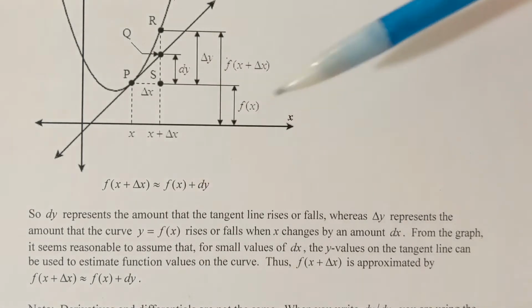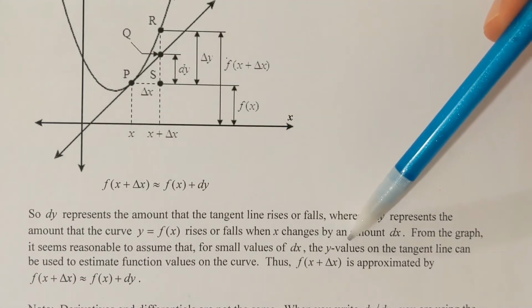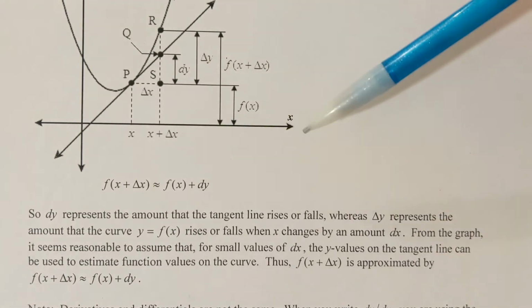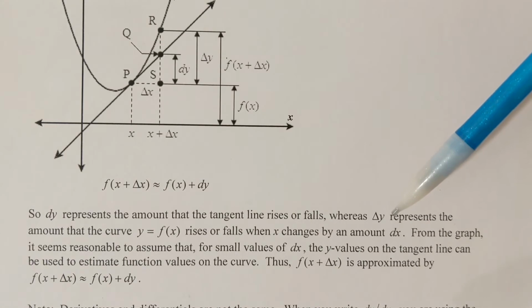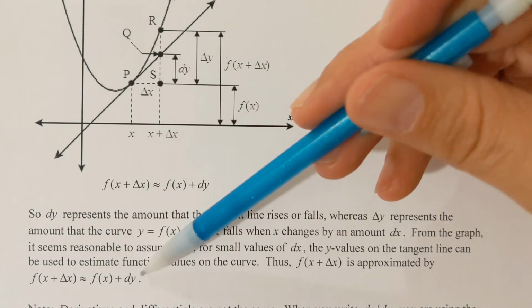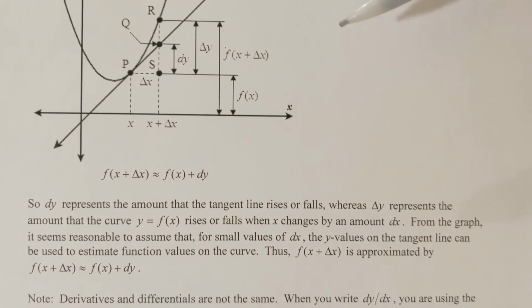From the graph, it would seem reasonable to assume that for small values of dx, the y values on the tangent line can be used to estimate the function values on a curve. That's what we're going to be doing in this section. We're going to be estimating values from a derivative.